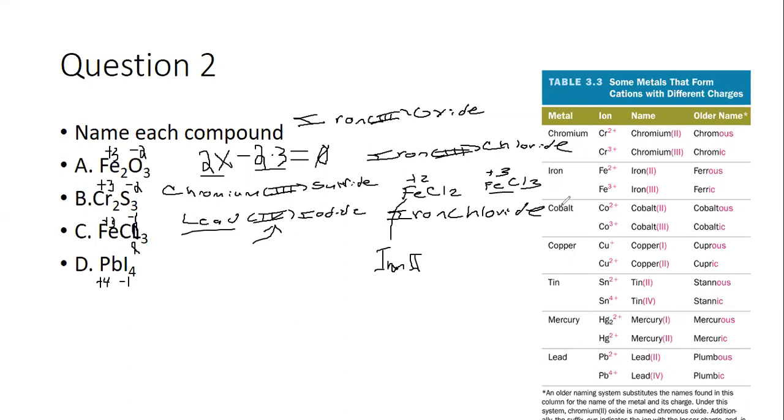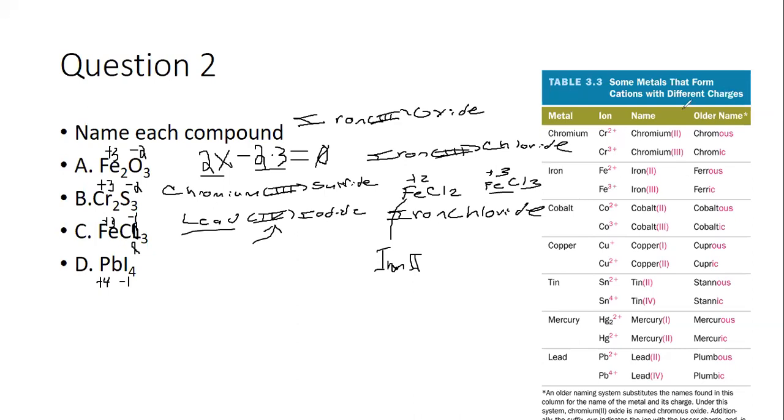All right, any other questions about naming compounds with metals with more than one charge? So we will be given what ion the metal, no. If you're saying you'll be given a chart like this on the right, you won't, right?